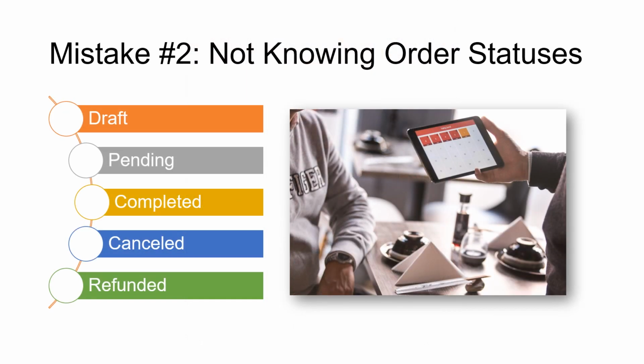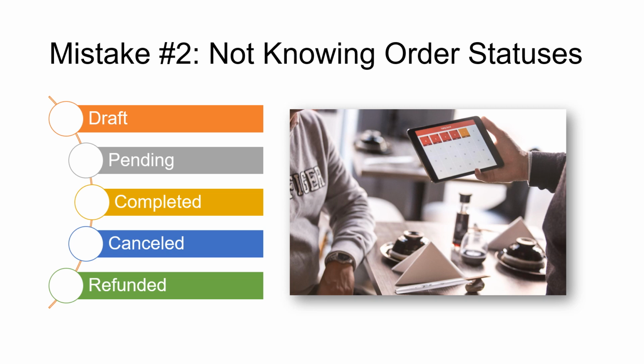The second mistake that I notice business owners making with their shopping carts, and especially WooCommerce, is that they don't understand order statuses. Now, when you download WooCommerce and activate it on your WordPress website for the first time, there's a wizard. And so you can go through and establish the settings.